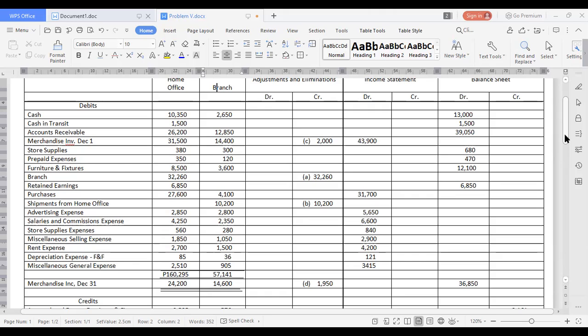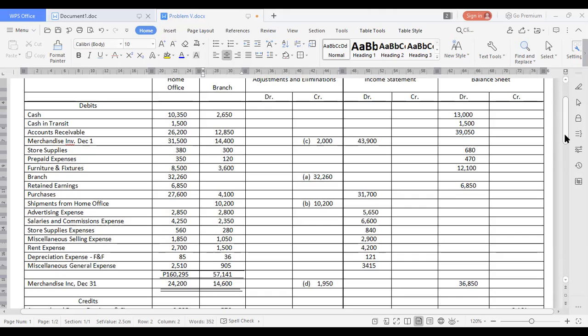So the inventory beginning is a debit of 31,500 plus 14,400. That makes it 45,900 minus the credit of 2,000 because of intercompany overvaluation.